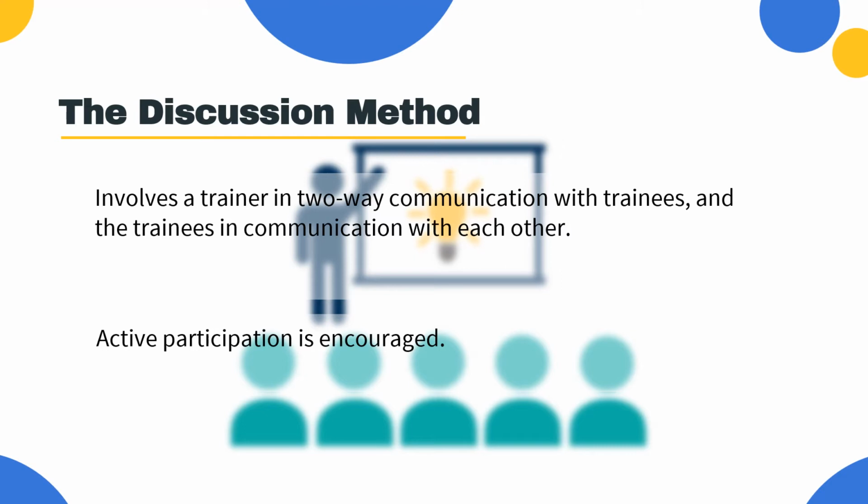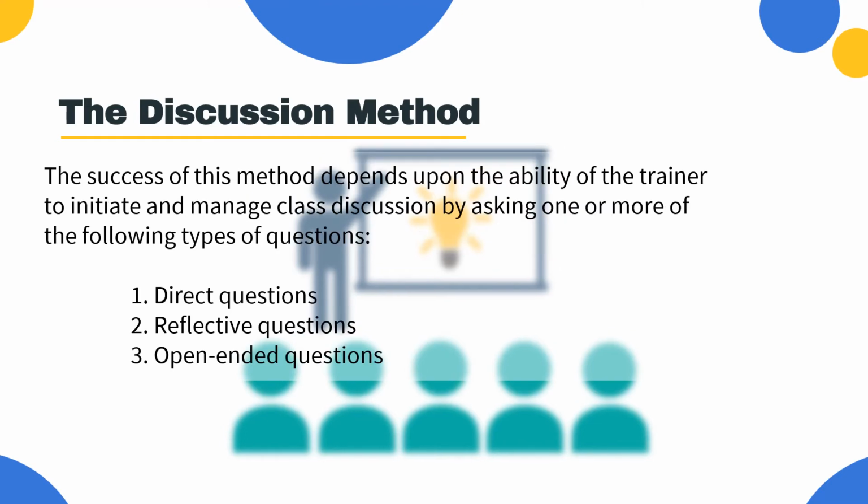Given this dynamic, the discussion technique can overcome some of the limitations of the straight lecture method. However, the success of this method depends upon the ability of the trainer to initiate and manage class discussion by asking one or more of the following types of questions.